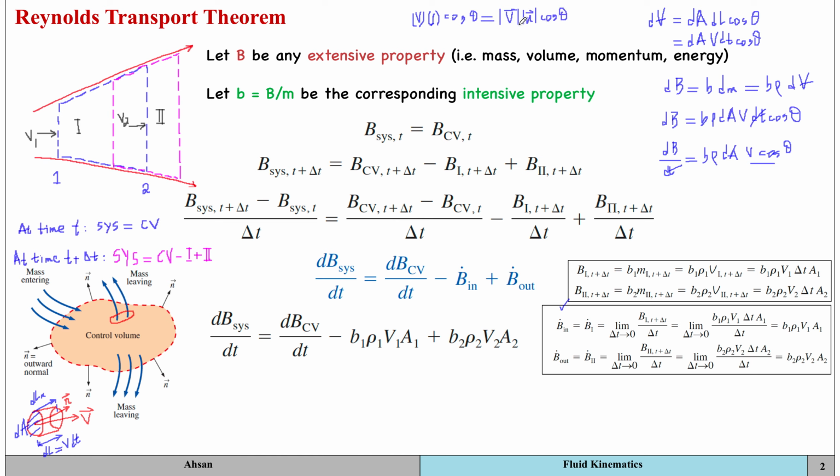And now this is the definition of what a dot product is. So I could equate this as the dot product of the velocity and the unit vector. And that means I can plug that in here, and this is going to become rho into b into the dot product.